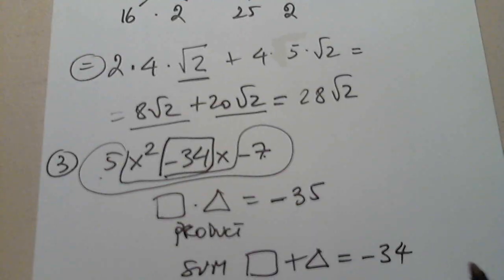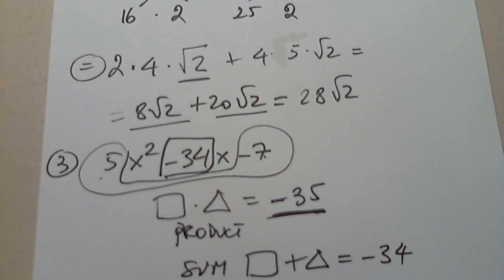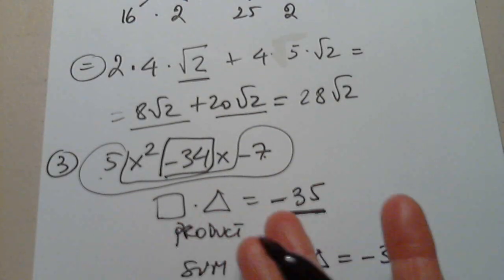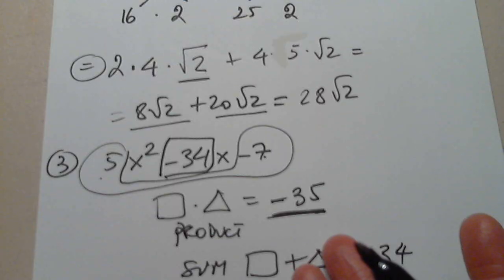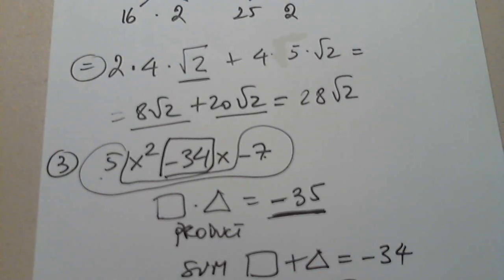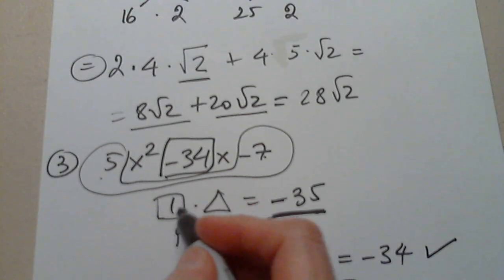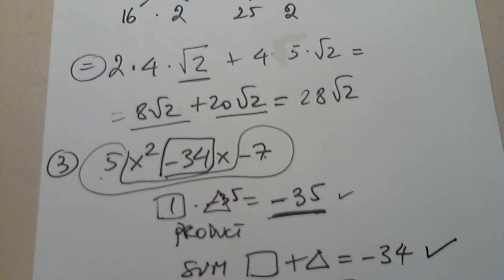This is an easy situation because the product is negative, which means one has to be positive and one has to be negative. And obviously, it's only negative 35 and positive 1, because only positive 1 plus negative 35 gives us negative 34, and 1 times negative 35 will be negative 35.